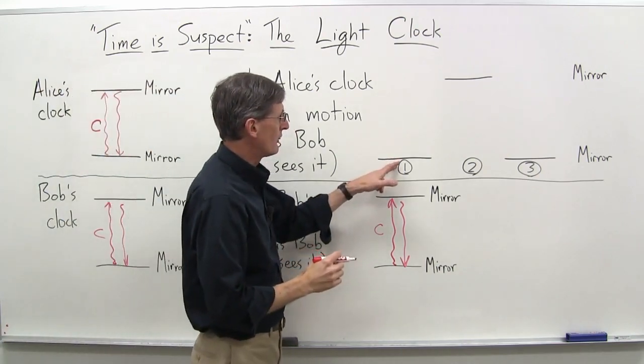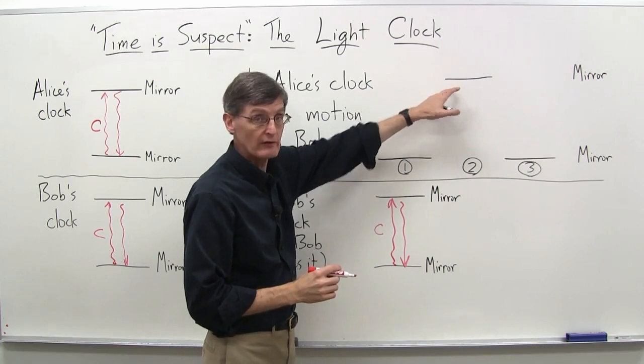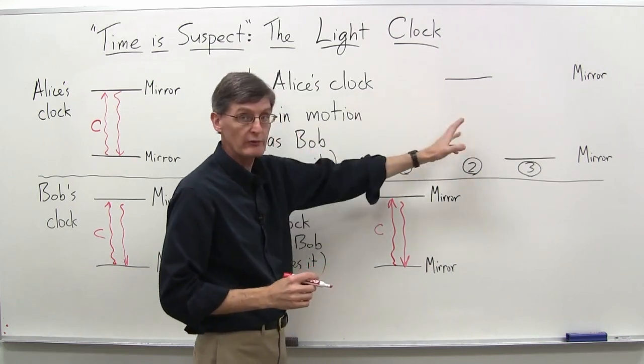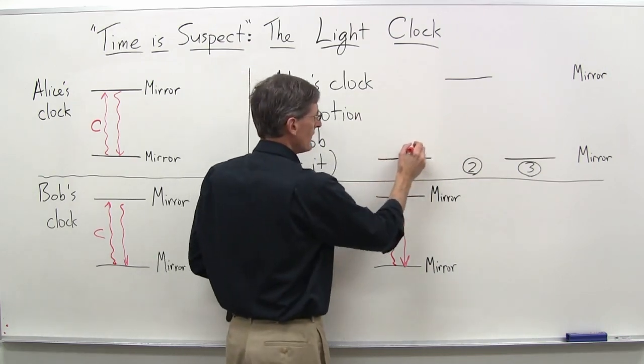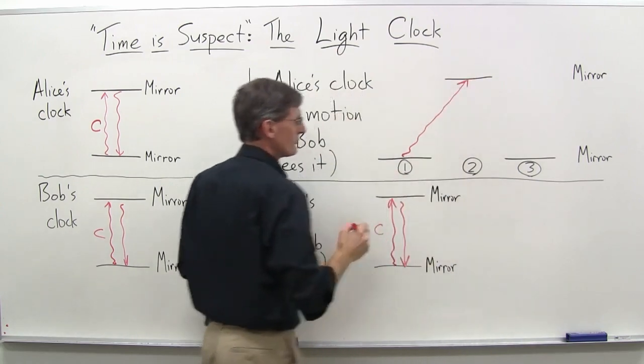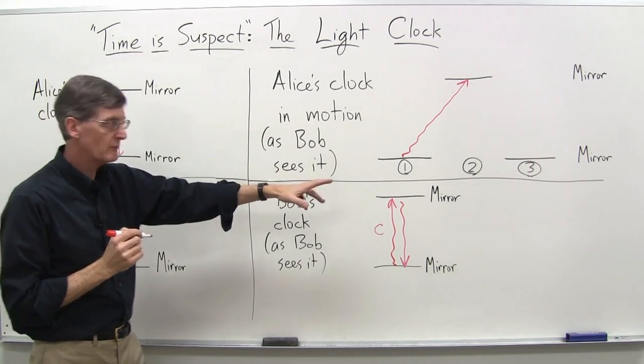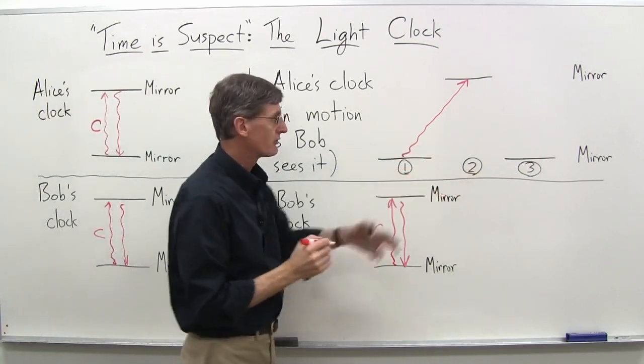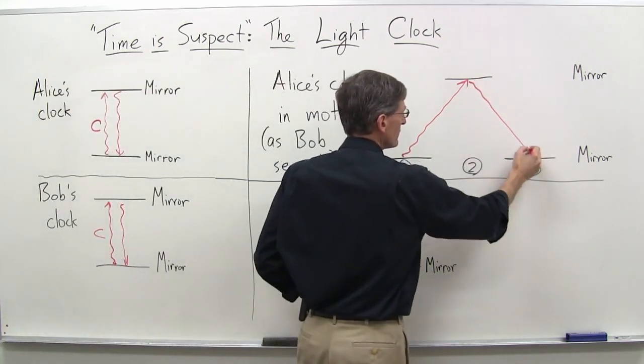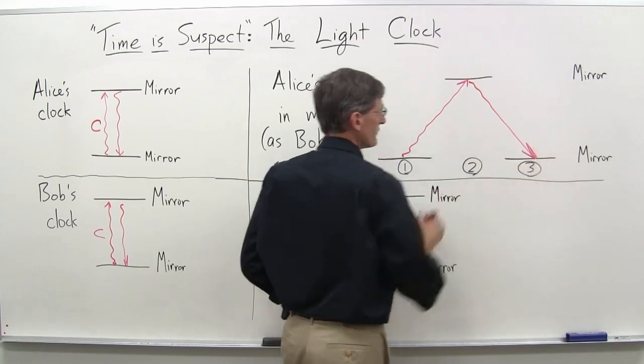And so therefore, we know that since the top mirror is now over here a certain time later, because Alice is moving with velocity v, the light beam travels like that, hits the top mirror, and then comes back down to the bottom mirror, which has now moved to position 3. Therefore, Bob will see it travel like that.